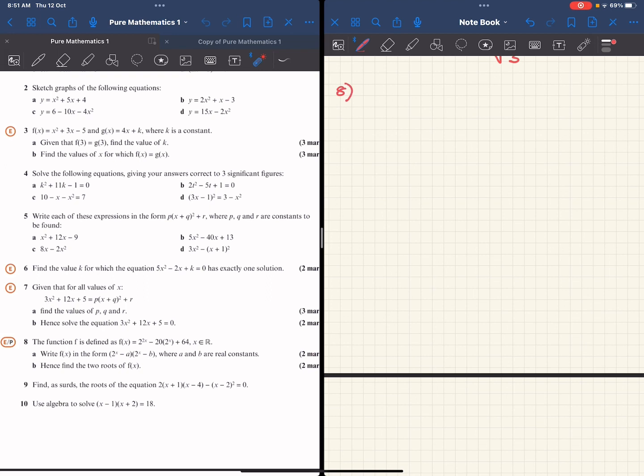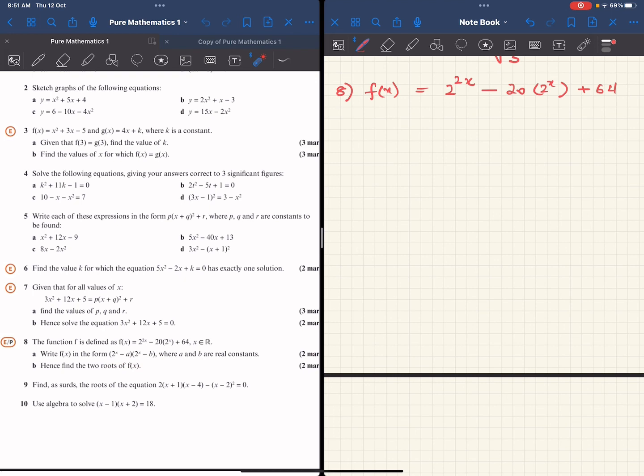The function f is defined as f of x is equal to 2 to the power of 2x minus 20 into 2 to the power of x plus 64. Write f of x in the form of, so our answer should be in the form of a factorized double bracket.